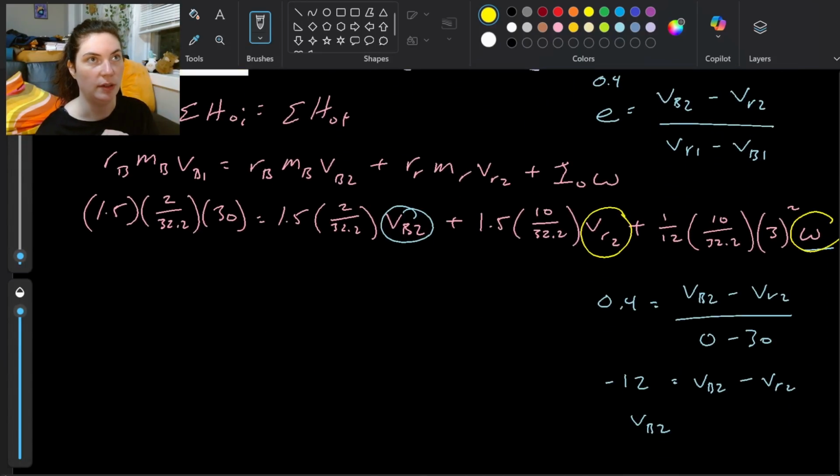So that's why down here I want to have VB2 substituted in there. So VB2 is going to be VR2 minus 12. Right, just swapping those, I want to just add this VR2 to the other side, so that way I can solve for VB2, and I can do this substitution in here.